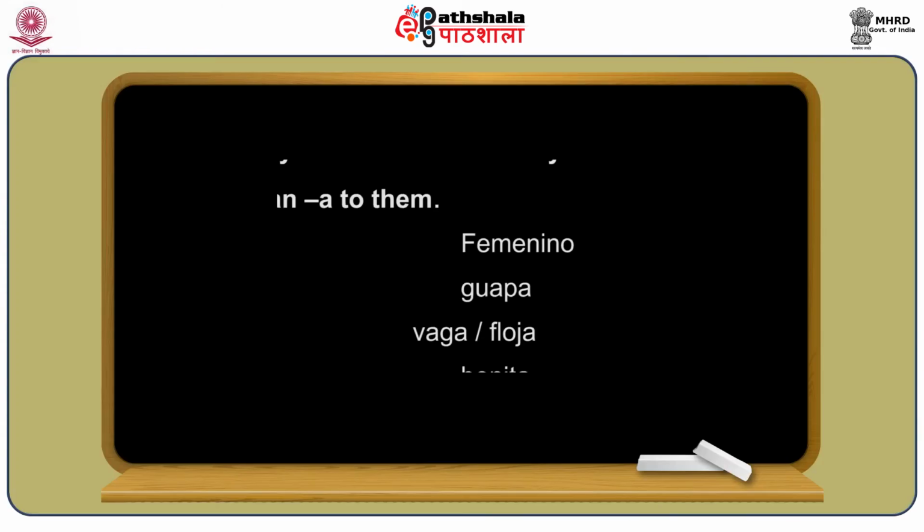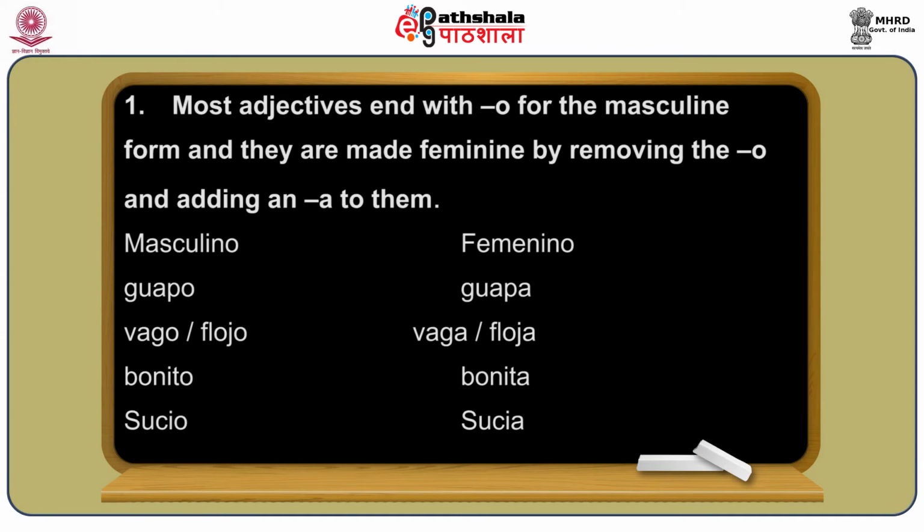So, most adjectives in Spanish end with o for the masculine form, and they are made feminine by removing the o and adding an a to them. For example, guapo means handsome, which ends with o. So, for feminine, we remove the o and it becomes guapa, meaning pretty. Same way, vago or flojo means lazy in masculine, and in order to make it feminine, we remove the o and it becomes vaga or floja.